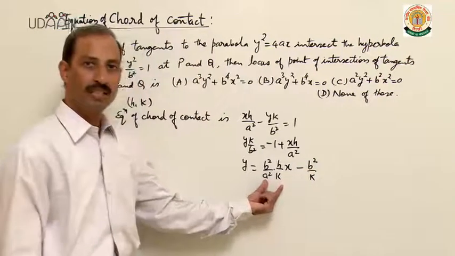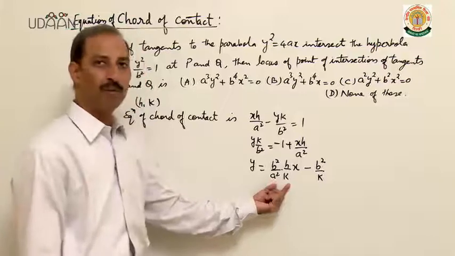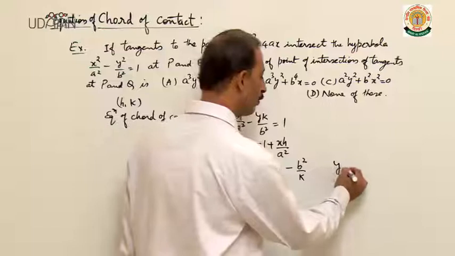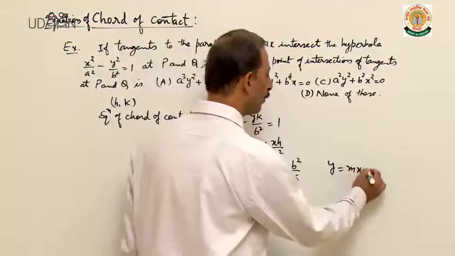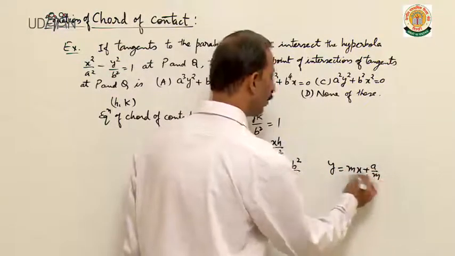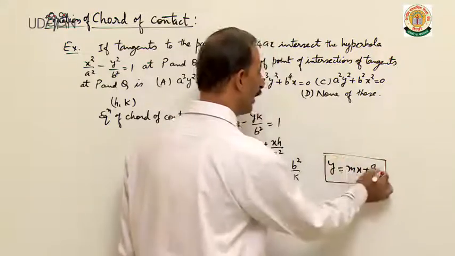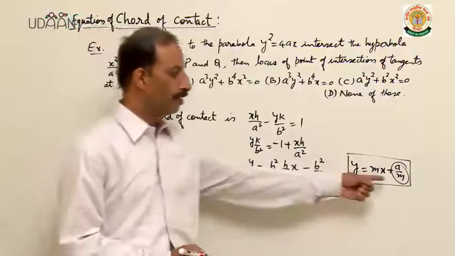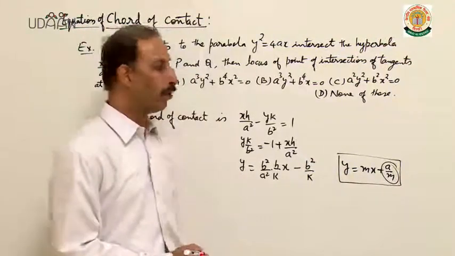Now this is the tangent of the parabola y square is equal to 4ax. Any line y is equal to mx plus c will be a tangent to the parabola when the value of c is equal to a upon m. So we have to apply this condition, c is equal to a upon m.